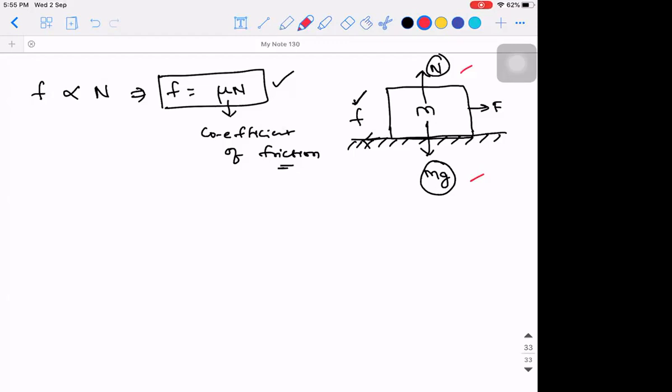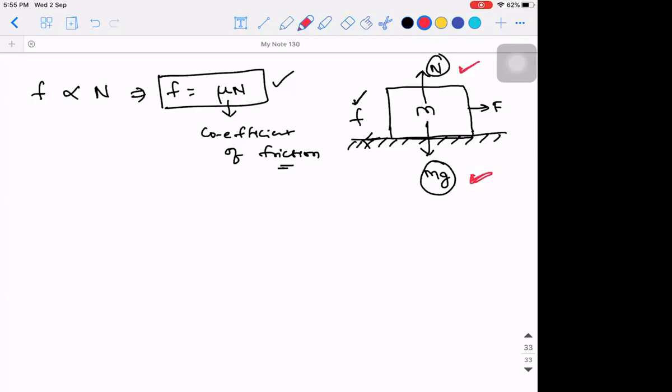You're almost there. Can you refine your statement? Sir, friction is proportional to the force with which the object is pushed against the surface. The normal force is not always equal to the force due to gravity.